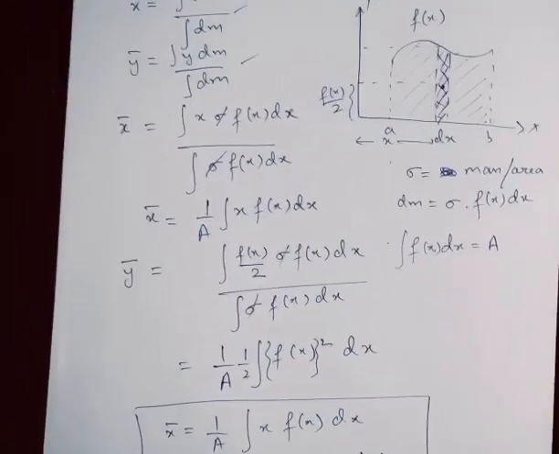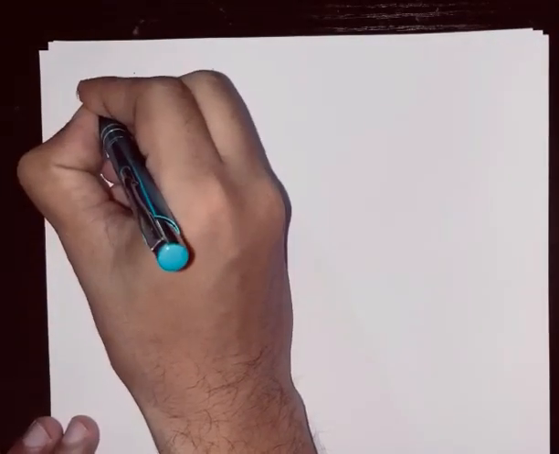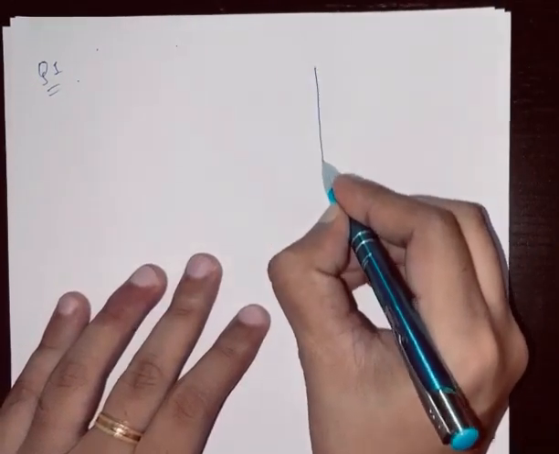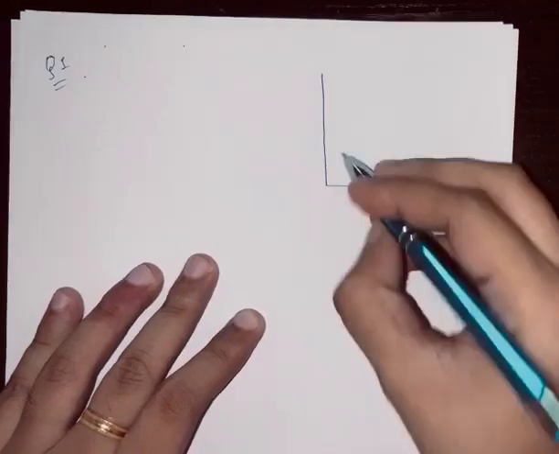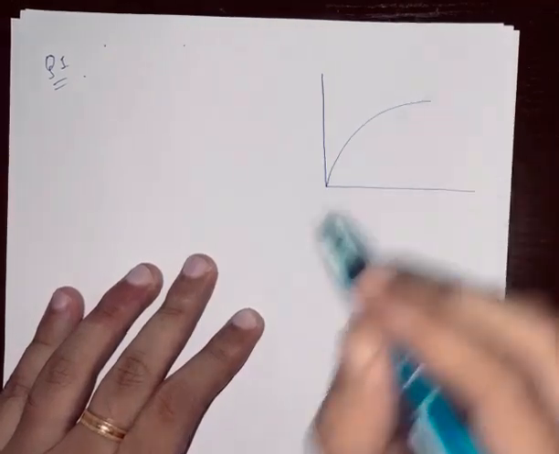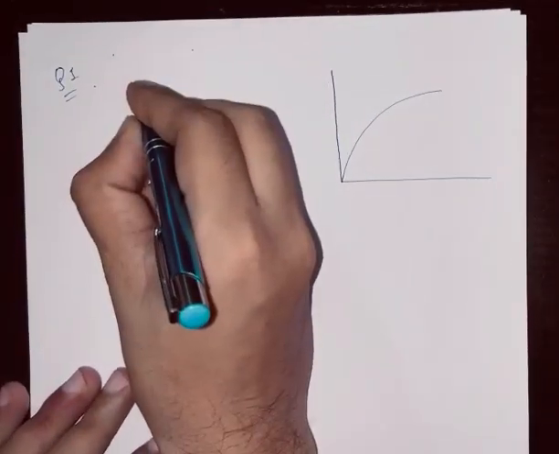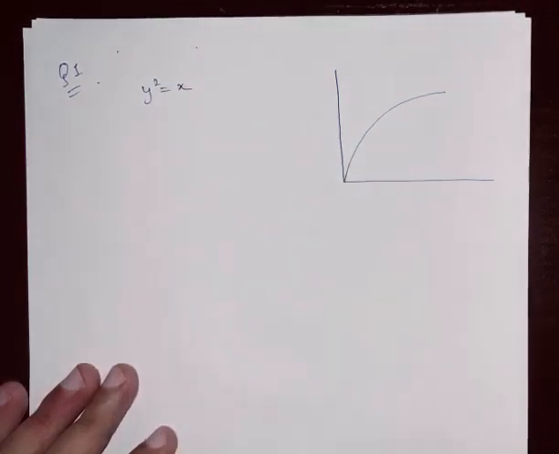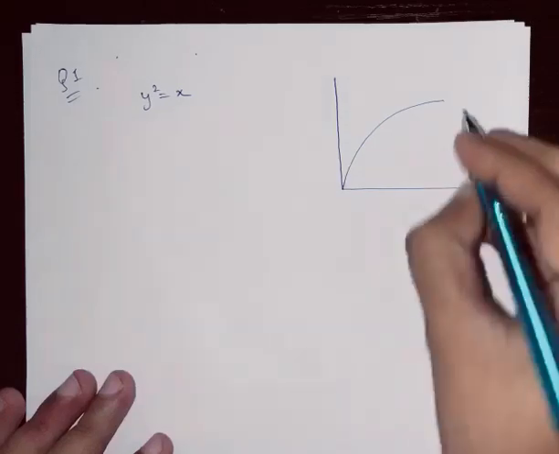Let us utilize these formulas and solve an easy question first. Question number 1: we'll consider a portion of a parabola. Let the equation of the parabola be y square equals x.